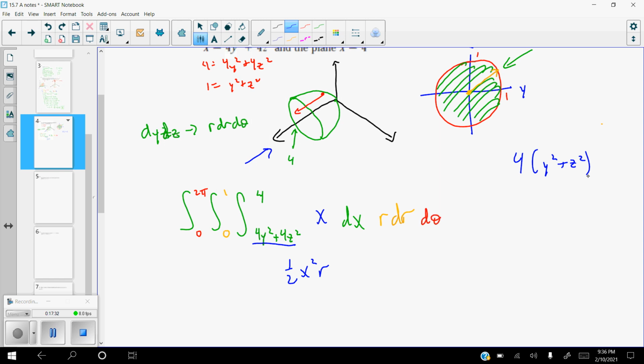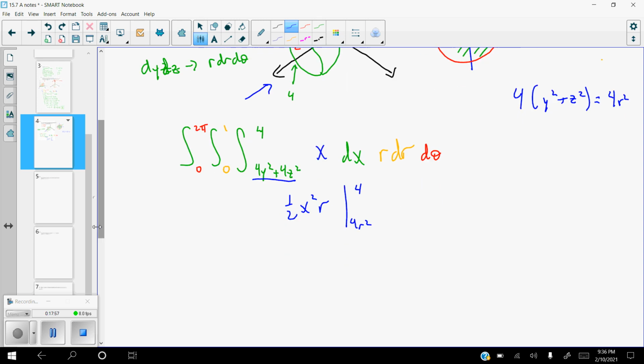And in polar coordinates, the x squared plus y squared, or in this case, y squared plus z squared, is r squared. So that is the same as 4r squared. So I'm going to change that to 4r squared since we want everything in terms of r's and thetas at the end, and then 4 is just a constant that stays 4. That doesn't change.